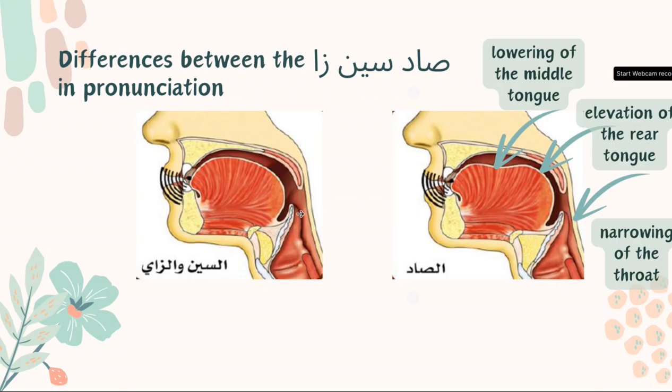It's different than when we pronounce the Sin and the Z. And then also there's an elevation of the rear tongue, the furthermost tongue, and the lowering of the middle tongue. Okay, and these are the three main points that all the elevated letters share. So this is the difference between the Sad and the Sin and the Z.